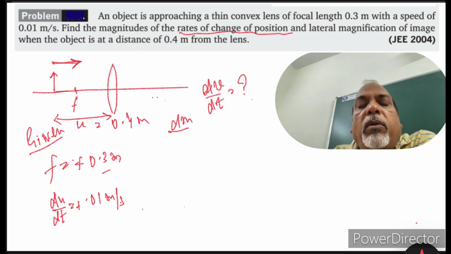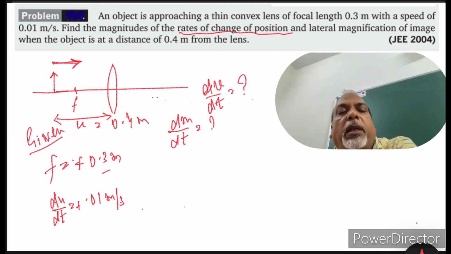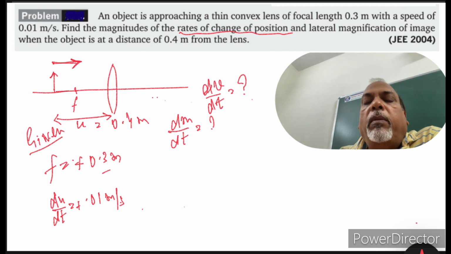We have to find out its rate also, that is dm by dt. So these are the parameters given, and these are the parameters we have to find out. Now let us see how we are going to do this problem.